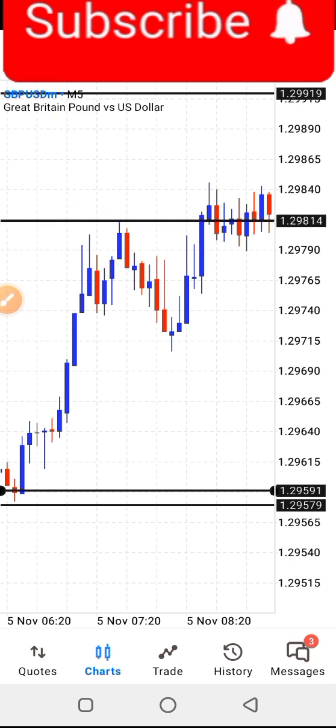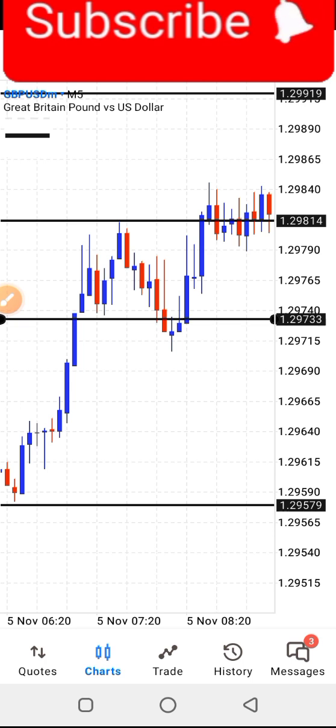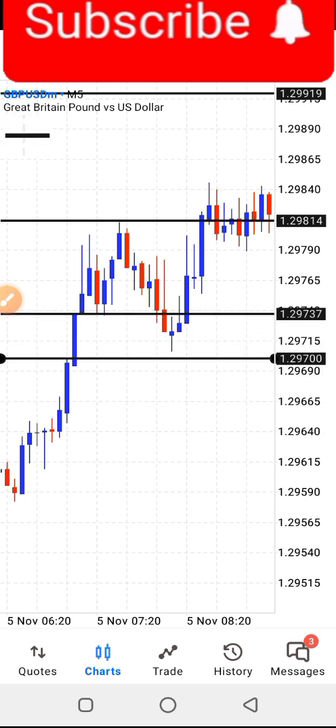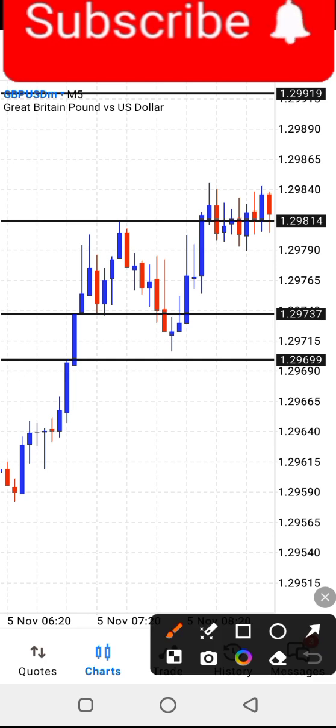Then it started retracing towards what? Towards internal liquidity. And if you look very well, you will see that we have a fair value gap right here. Price pulled back into the fair value gap and did what? It pushed up to clear this high.